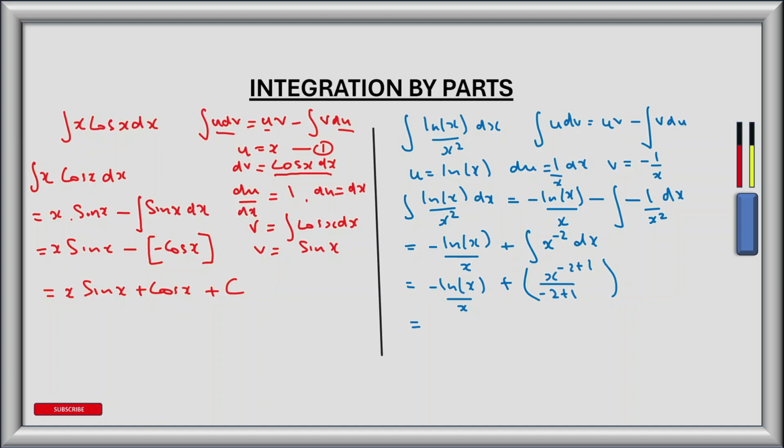So this is equal to minus log x divided by x plus, the numerator becomes x to the power of minus 1, and the denominator becomes minus 1. That's minus 1 over x. So if we simplify this, it becomes taking minus 1 over x outside of the bracket, minus 1 over x multiplied into log of x plus 1, and let's not forget the constant of integration plus c.